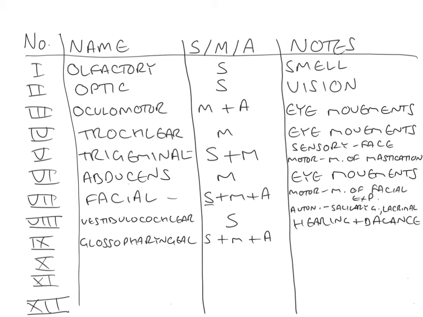However, in this case, it really is the motor component of the glossopharyngeal nerve which is relatively unimportant. It's only one muscle supplied by the glossopharyngeal nerve. However, it does have vital sensory and autonomic functions. So it is sensory to the pharynx.